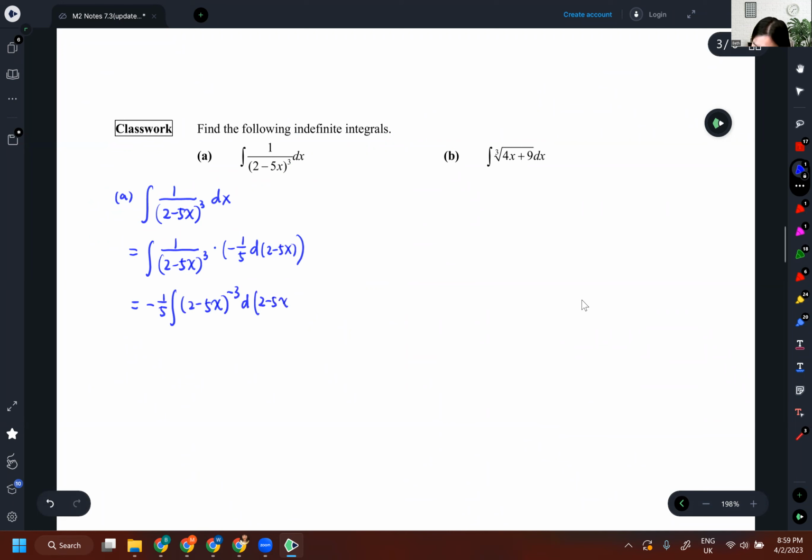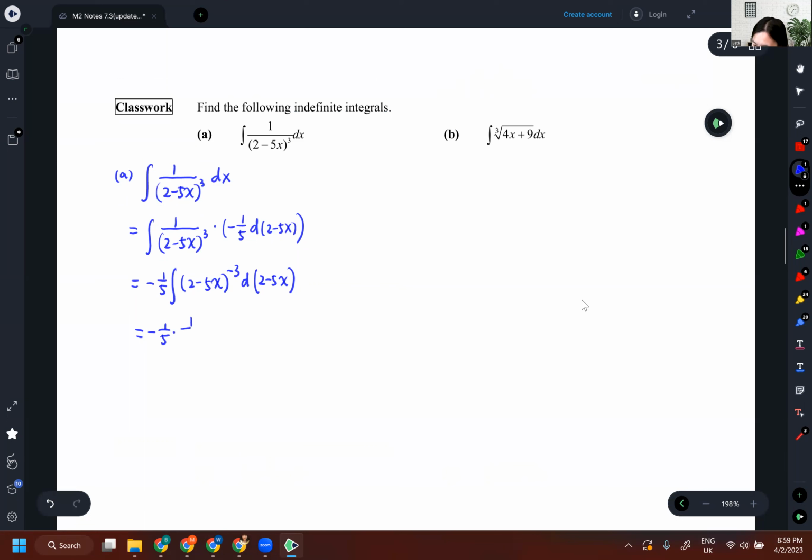It's another variable now. And then in the end, it's 1 over 10, (2 minus 5x) to the power negative 2.